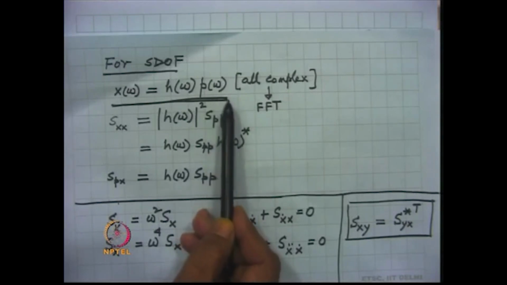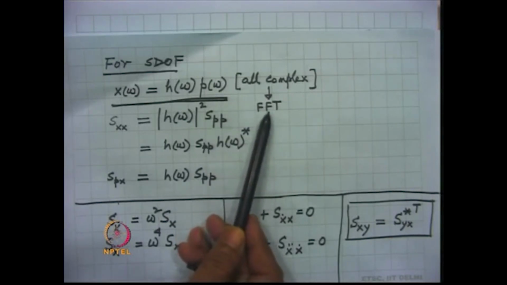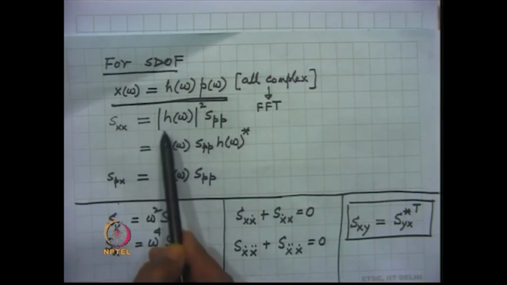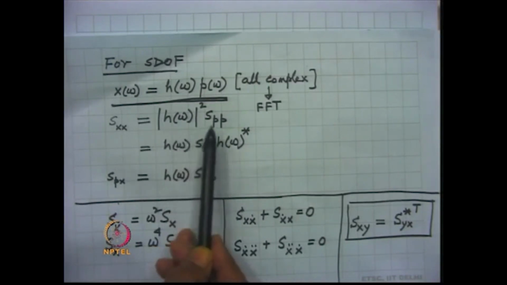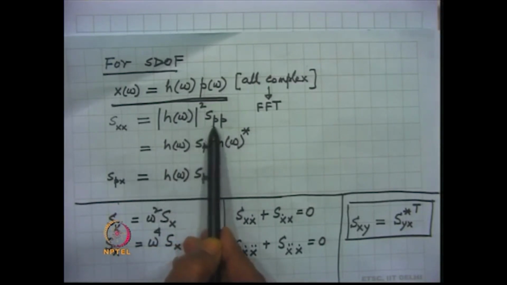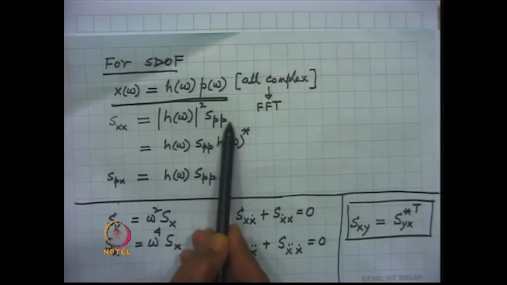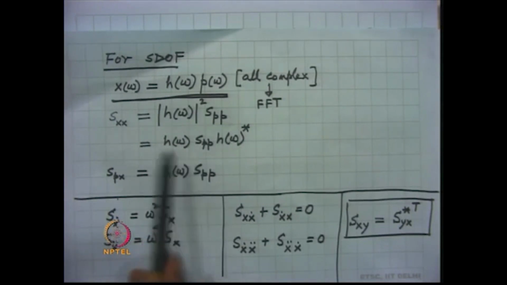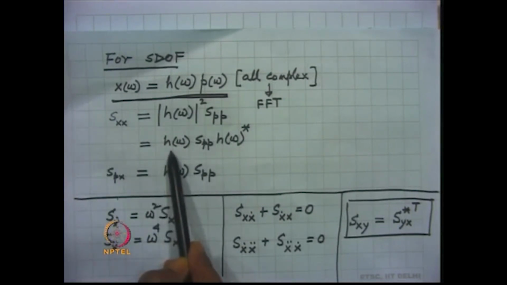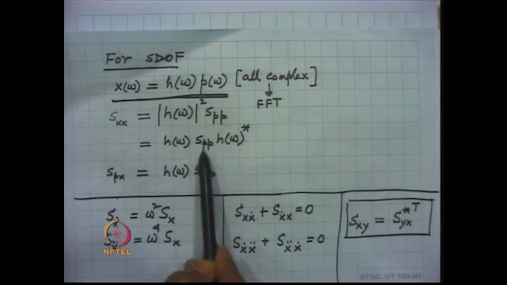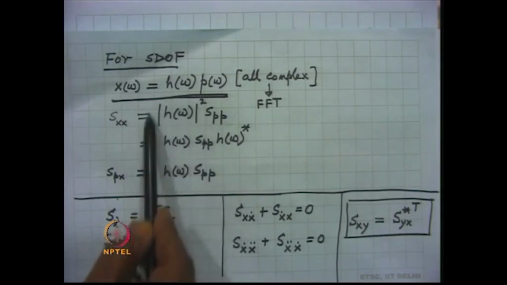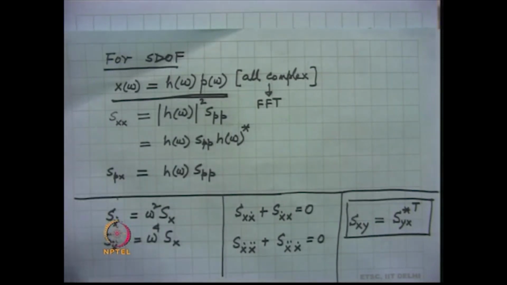P(omega) is obtained from the Fourier transform, and Sxx, the power spectral density function of the response, is equal to the absolute value square of H(omega) into the power spectral density function of P. Now, this can also be written as H(omega) into SPP into H(omega) star, because this multiplied by this becomes equal to the absolute value square.